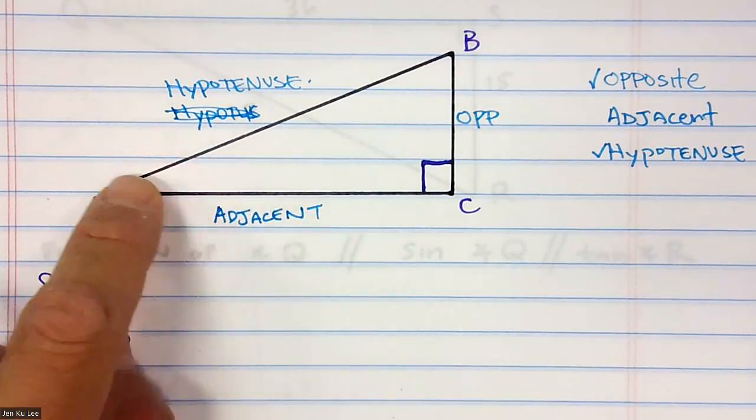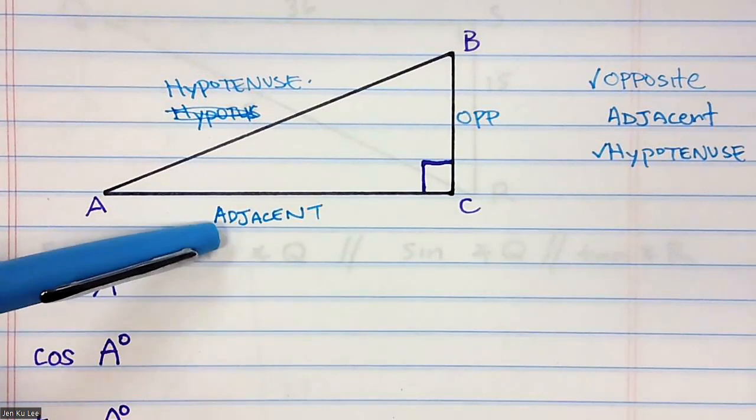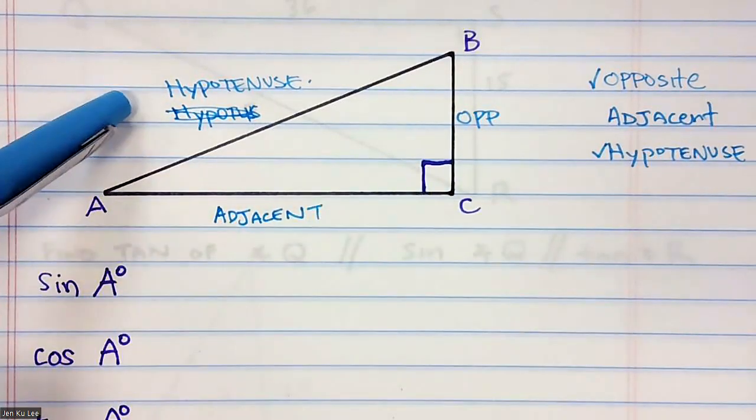The other side besides the hypotenuse. Cool? So that's how we label the sides. That's always going to be your first step. All right? I cannot stress that enough. I don't care what I'm looking for. I don't care what the problem is. When we're dealing with trig, this is always going to be your first step, to label your sides.